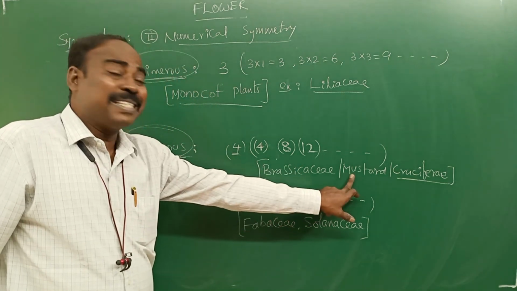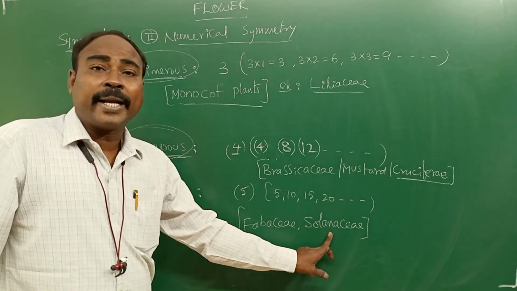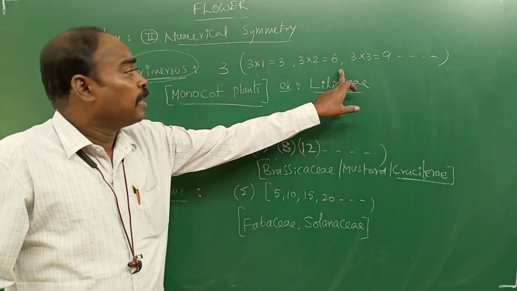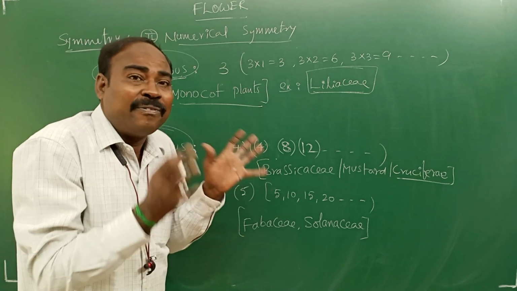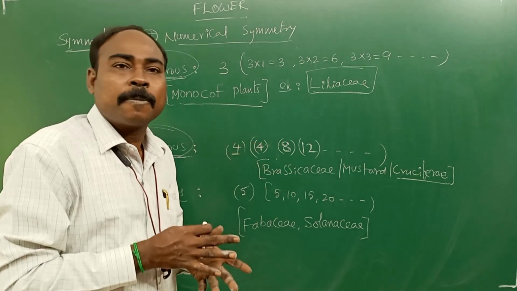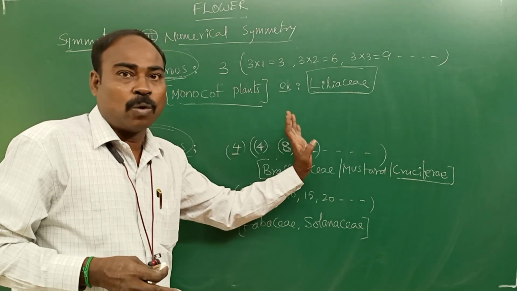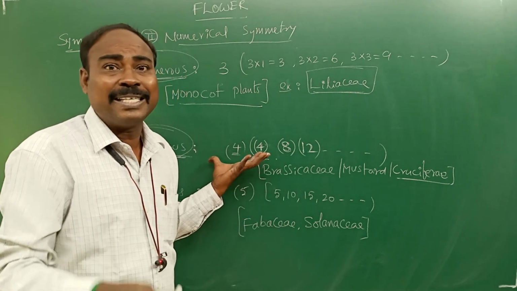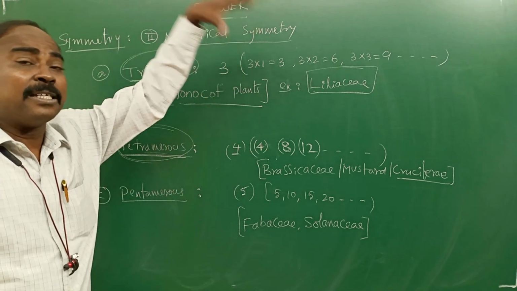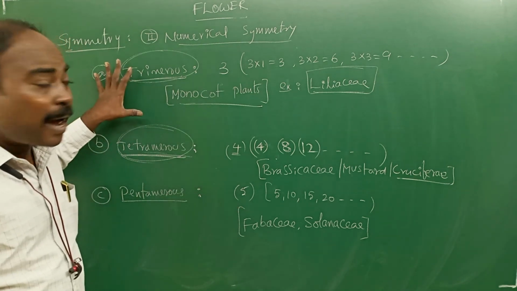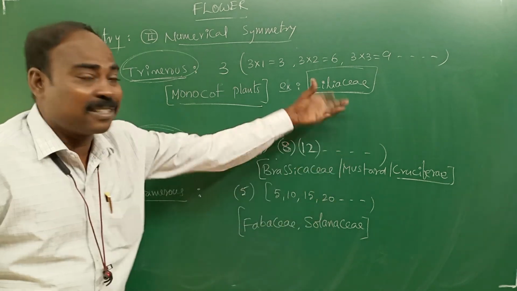Because Brassicaceae, Fabaceae, Solanaceae, and Liliaceae are all included in this chapter in our syllabus for the NEET examination. I am giving examples from those only. There are no examples in the NCERT book for this subheading, but related questions may be asked.